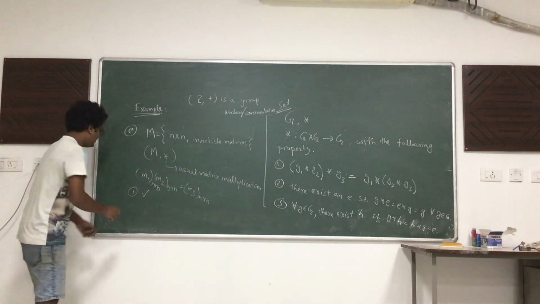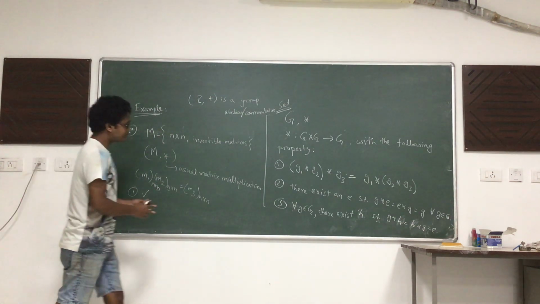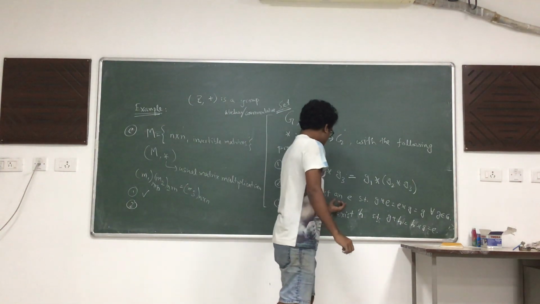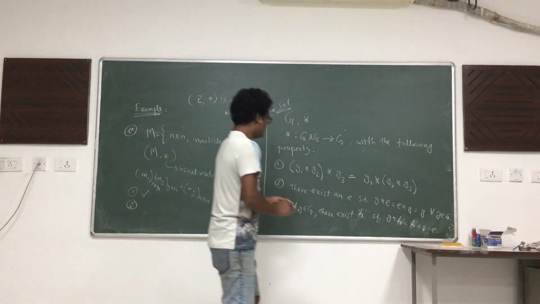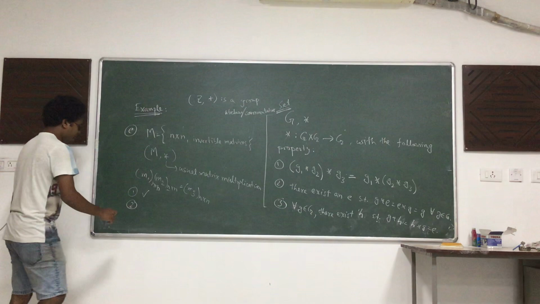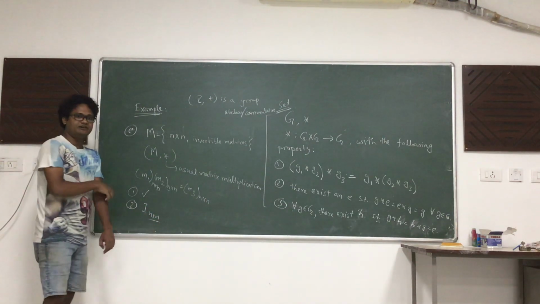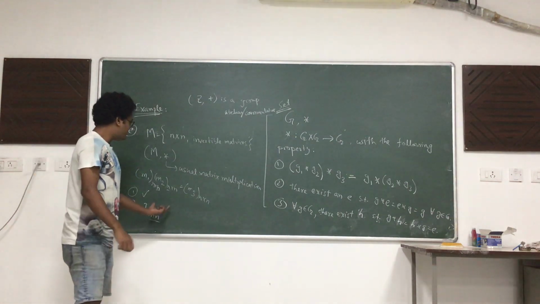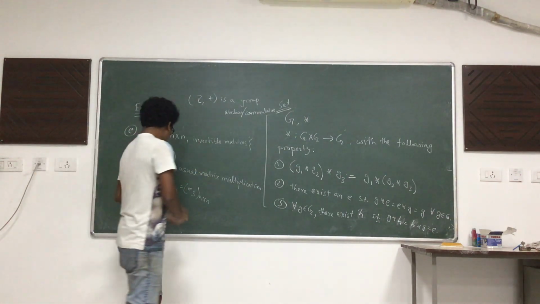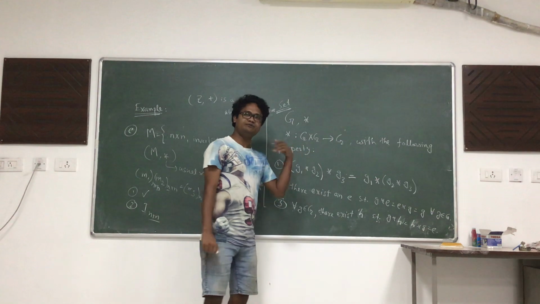Then the third is the identity. Here also we know that I, the n cross n identity matrix of order n, plays the role of identity, because if we multiply the identity matrix with any matrix, we get the same matrix.